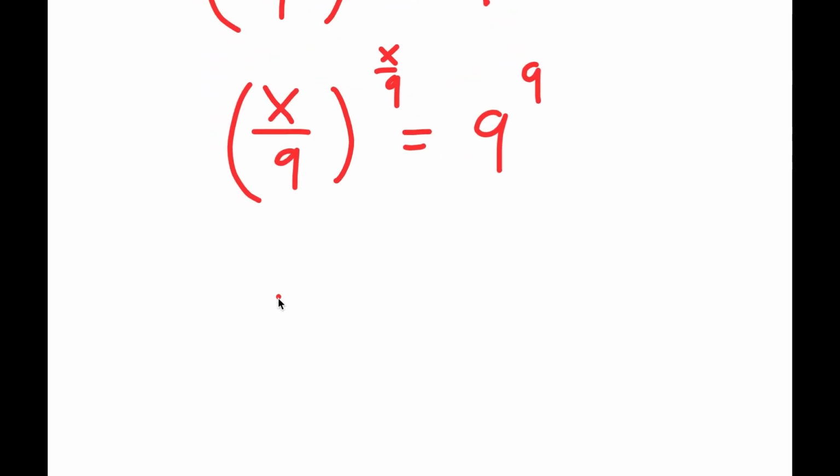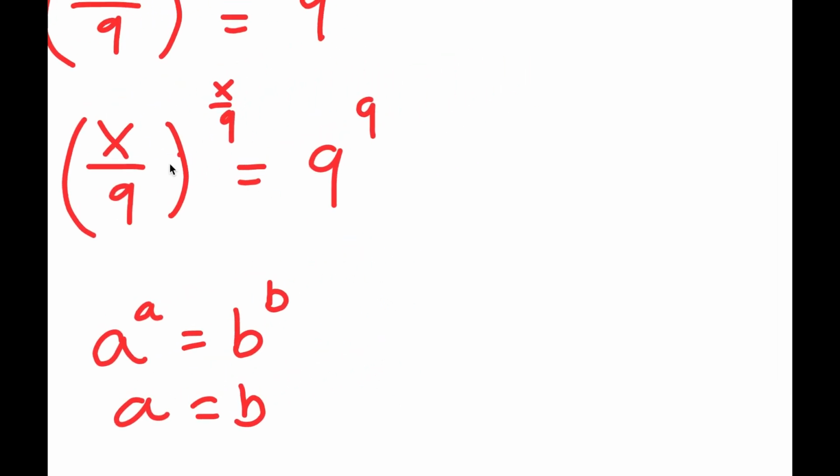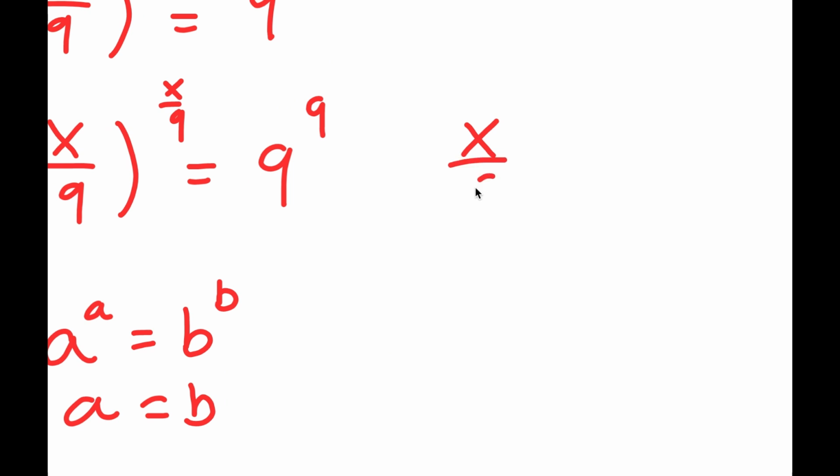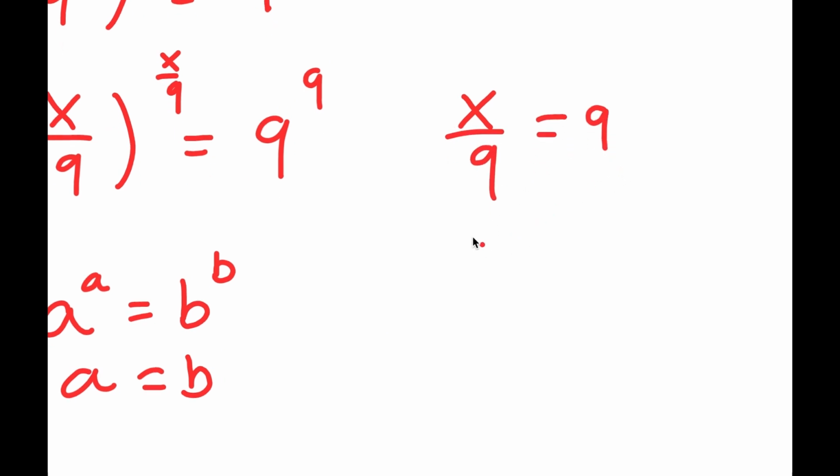And now if I have something in the form a to the power of a is equal to b to the power of b, then this means that a is equal to b. So in this case, this means that x over 9 is equal to 9, and x is equal to 81.